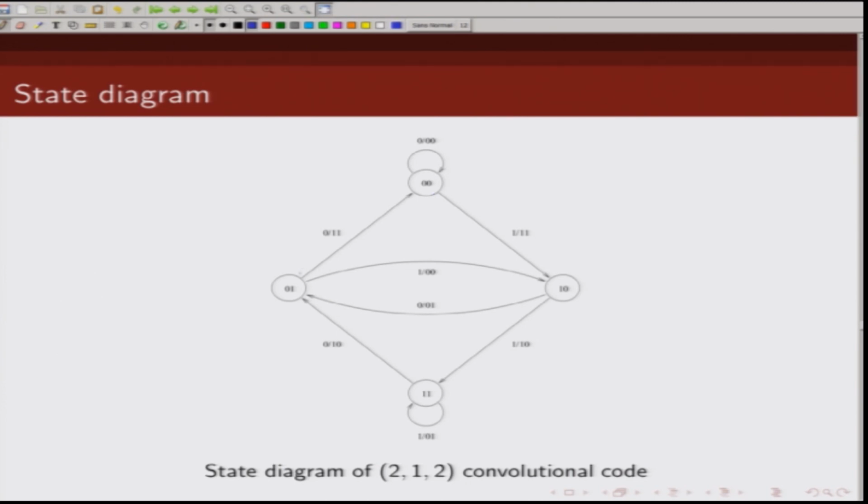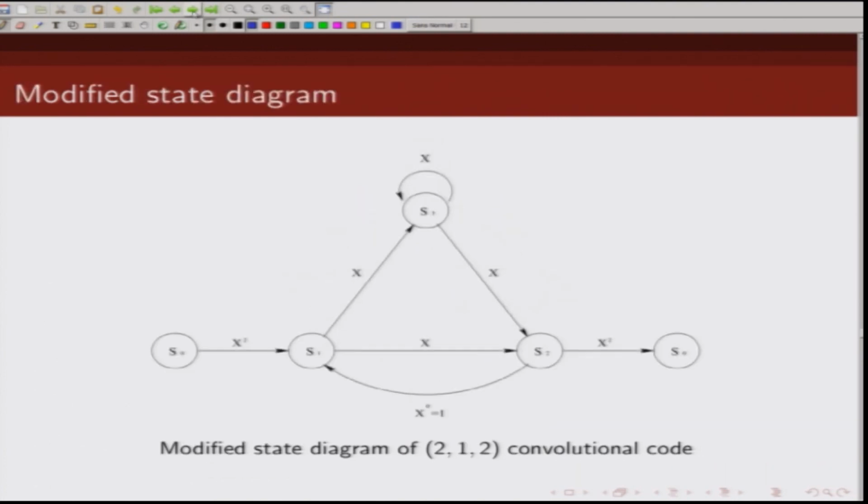Next, we have to label all these branches by the weight of the output bit. So, this will be x squared, this will be x^0 which is 1, this will be x, this will be x squared, this will be x, this will be x, this will be x.